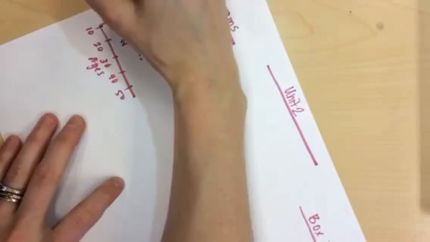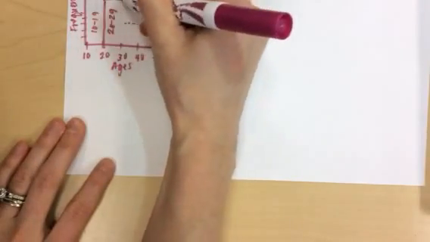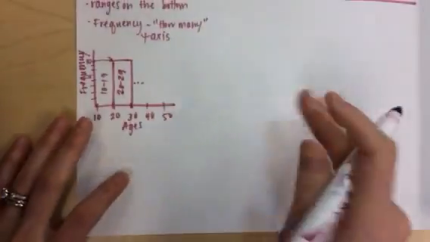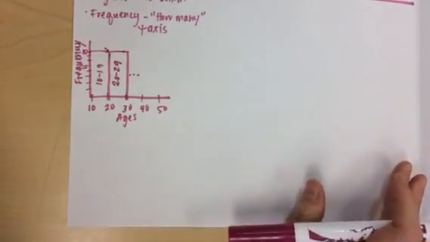Then this would say frequency, which means how many, and that would tell you how high the bar would go. So if this is a 10, then there are 10 people ages 20 to 29. That would be important information for a histogram.